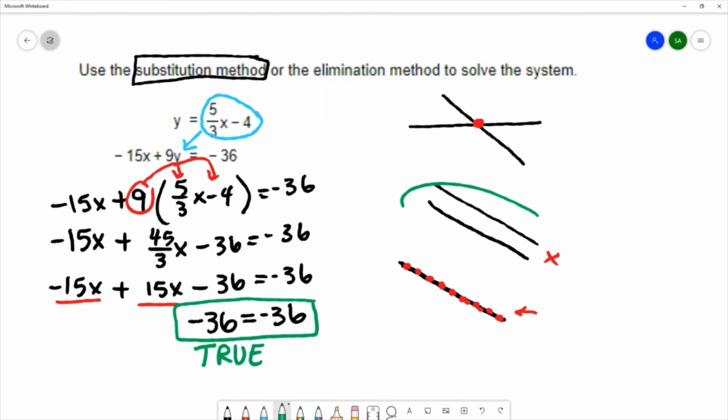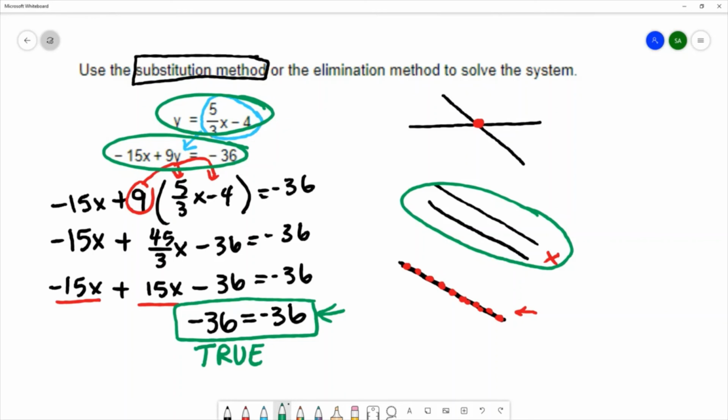Whenever you have no solution, this final statement will be a false statement. So this system of linear equations has infinite solutions. Every ordered pair that's on the line will be a solution. And that also means that these two lines are actually the same line. You can manipulate one to be exactly the same as the other.